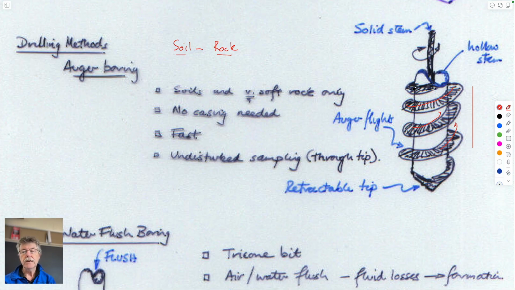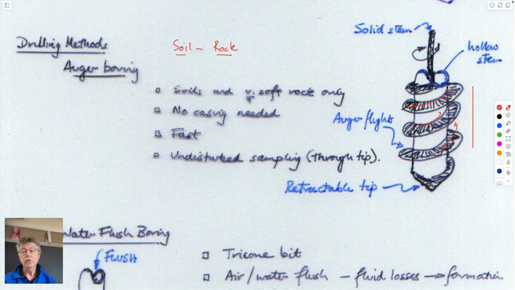So you can use a so-called solid stem auger, which would just be screwed into the ground, and we'll look at some of these things later on today, and it would bring the material up on the flights. It would leave a hole, not a very stable hole, after it's gone down to depth, and then you just pull out the auger flights.